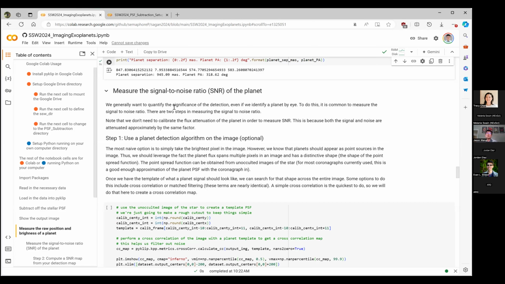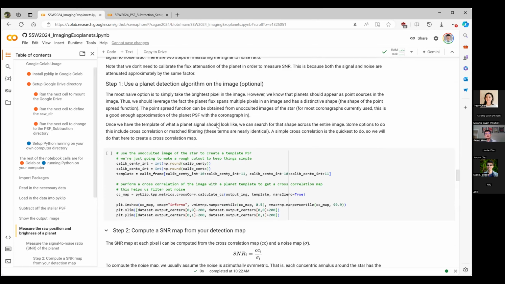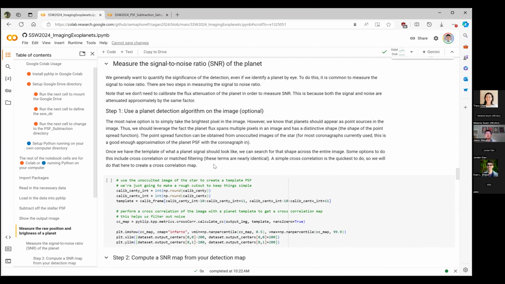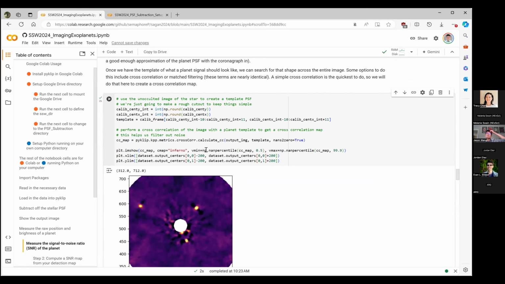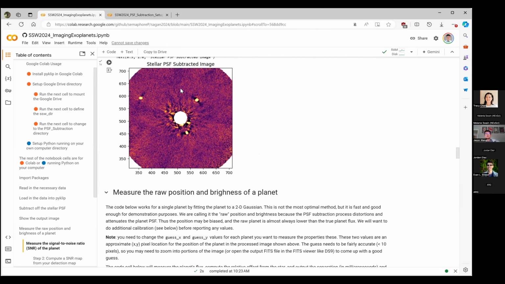In order to measure the signal to noise of the planet, we're going to do this somewhat rigorously. So even those that may have done some direct imaging in the past might not have seen everything here. The first thing we're going to do is run a planet detection algorithm on the image. What I mean by that is we'll run what's called a cross correlation of the output image, which is this image.